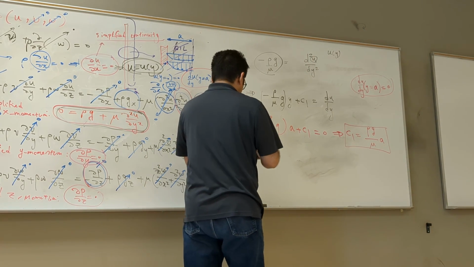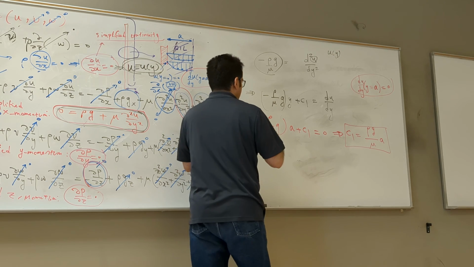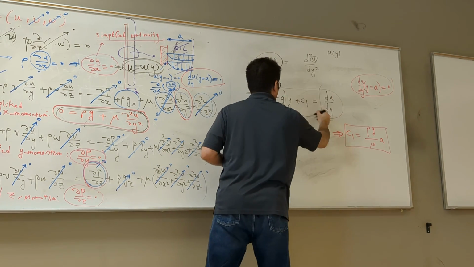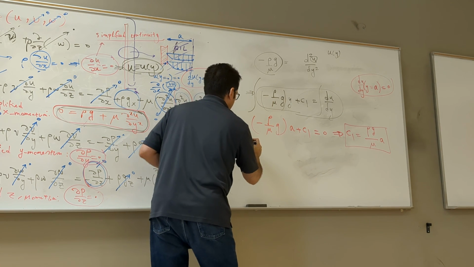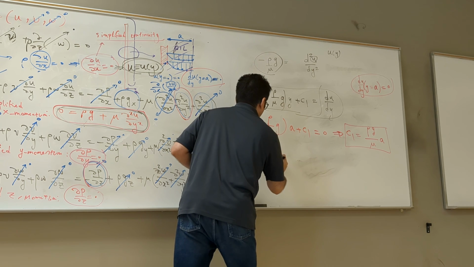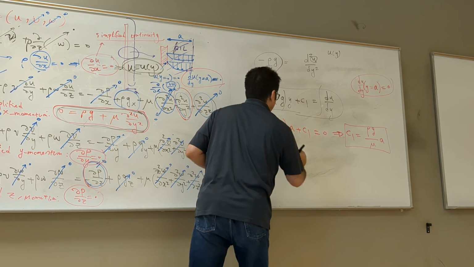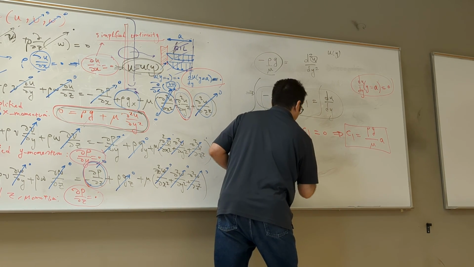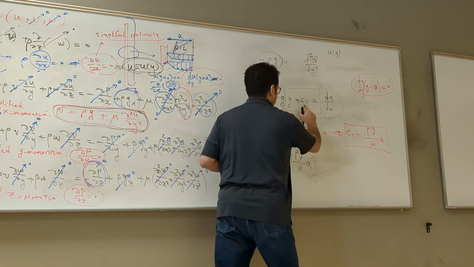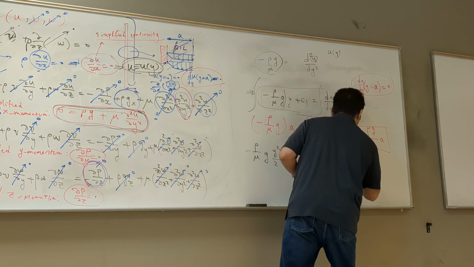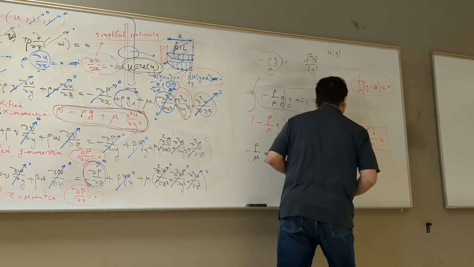Now, go ahead and do one more integral, on both sides. So you get negative rho g over mu times y squared over 2 plus c1, which was what? Substitute the value, rho g over mu times a, times y plus c2 is equal to u of y.